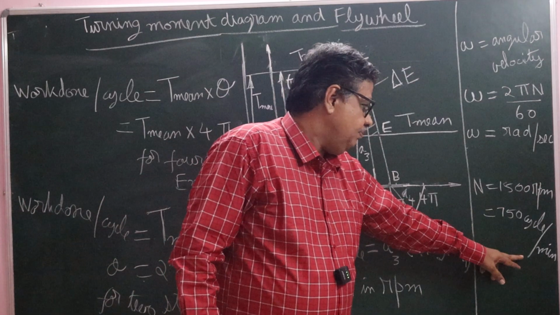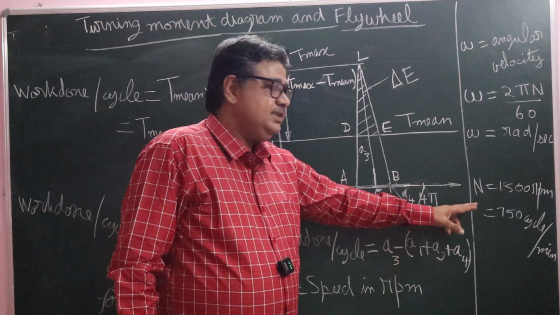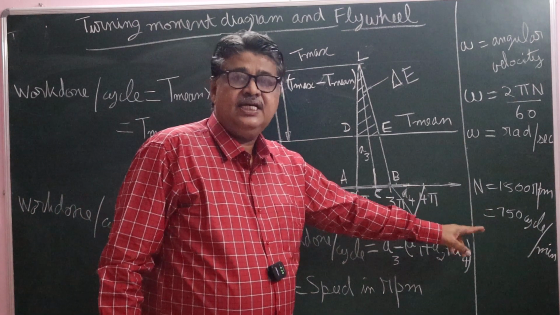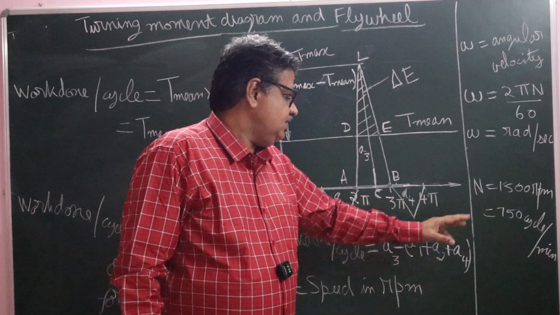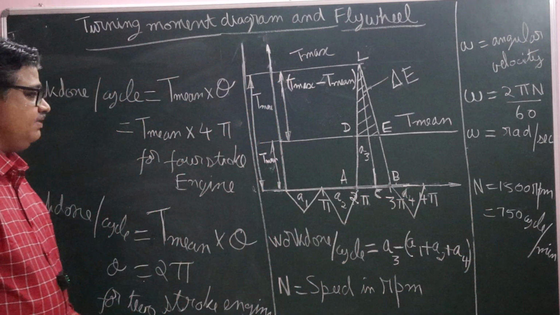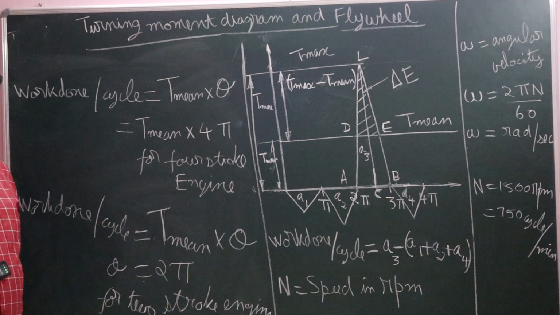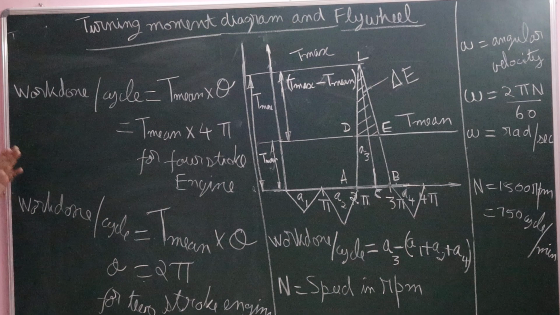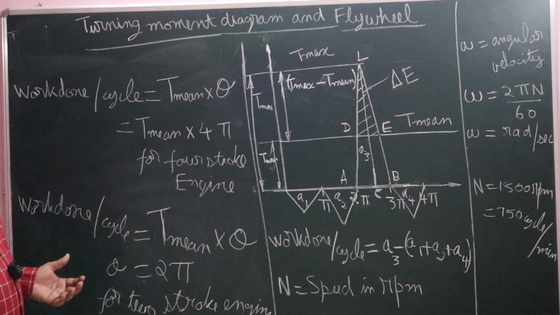Every cycle there is 1 power stroke. Therefore, the engine fires 750 times per minute. Per second, 750 divided by 60. So this is how the firing takes place when the engine runs at 1500 RPM. When the RPM is increased, this will also increase. Right? So this is the fundamentals of the turning moment and crank angle diagram.